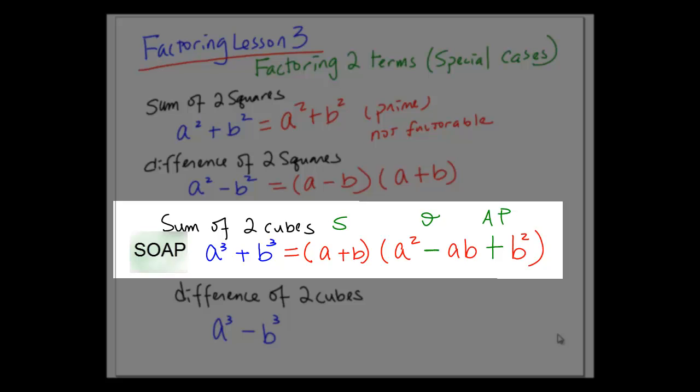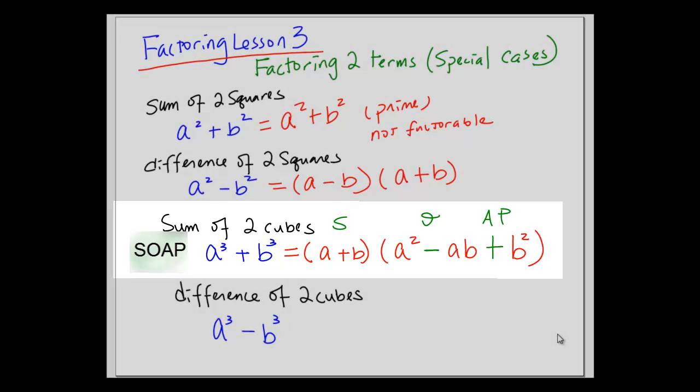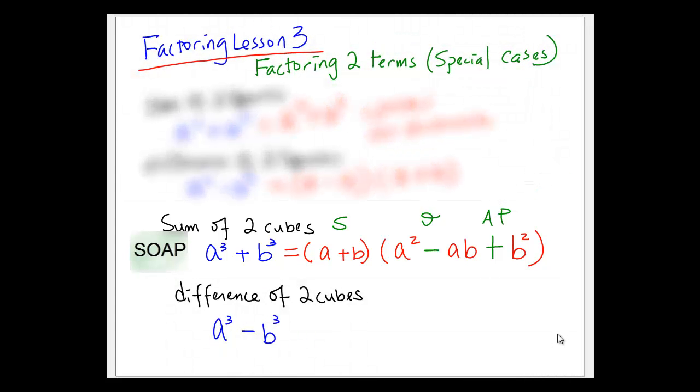So if you can remember the sum of 2 cubes, it would be similar for the difference of 2 cubes. So for the difference of 2 cubes, first we write down what we see without a cube. So it's going to be a minus b. And then my sandwich, so it's going to be the first term squared, the last term squared, the middle part is one of each.